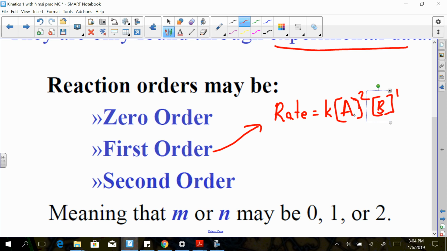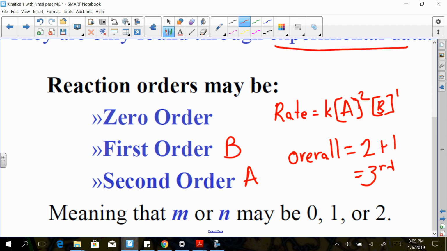It is first order in B, second order in reactant A, and overall, add up all the exponents, it's third order.